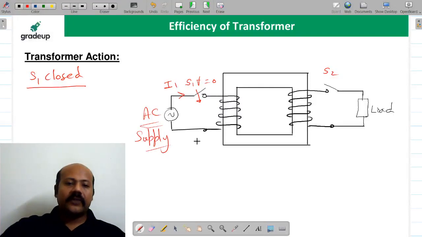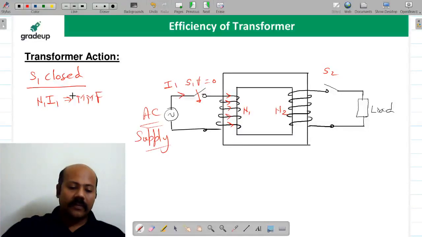And this I1 is going to flow through this primary winding in this direction sense. Suppose there are N1 number of turns in the primary side and N2 number of turns in the secondary side. Now this current I1 circulating through this coil will give rise to an MMF which is N1 I1.